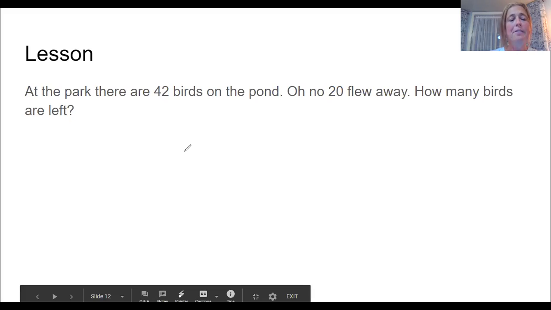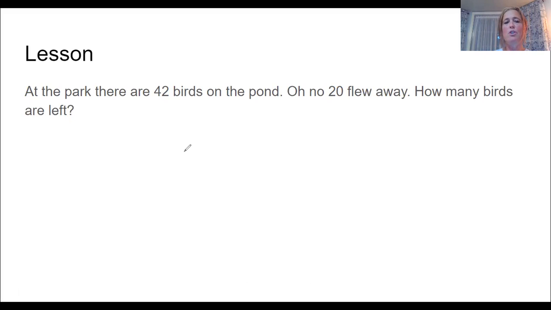All right, at the park, there are 42 birds on the pond. Oh no, 20 flew away. How many birds are left? So we know that there were 42, 20 flew away.